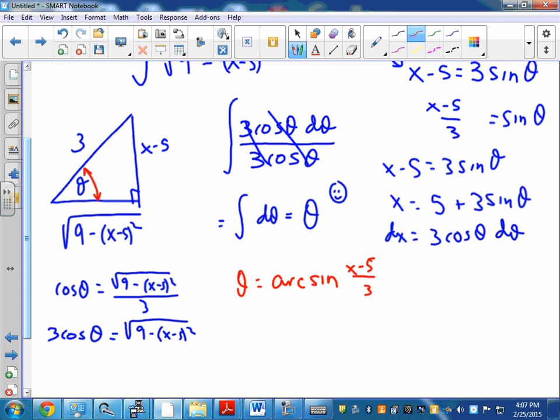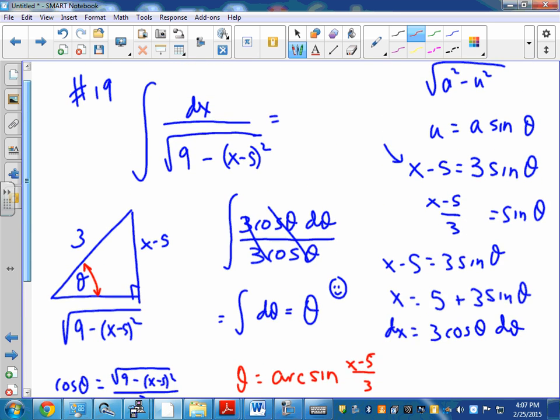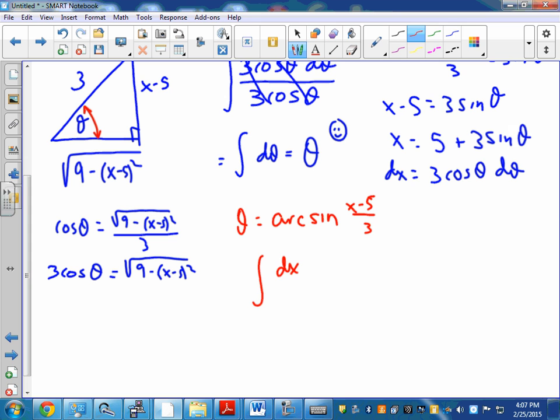So our integral, the original integral that we had to deal with, dx over the square root of 9 minus x minus 5 squared, works out to be the sine inverse of x minus 5 over 3 plus a constant.